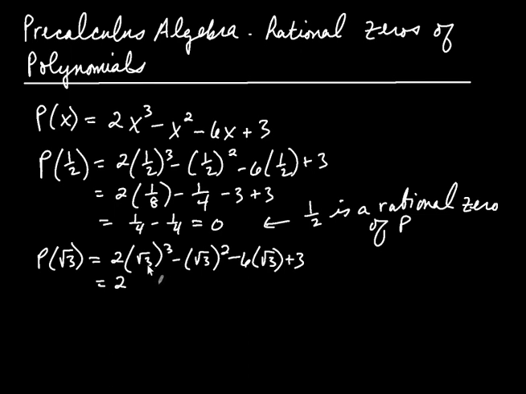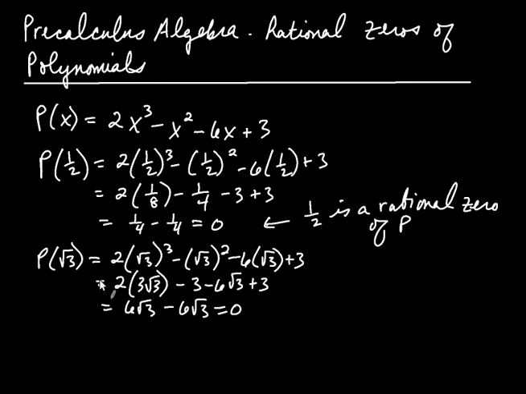Root 3 times root 3 is 3, and then times another root 3 brings you to 3 root 3. You want to check that yourself. Then minus root 3 squared is 3, minus 6 root 3 plus 3, and that gives us 6 root 3, and then the negative 3 and the positive 3 cancel, but then we still have minus 6 root 3, and that's equal to 0 as well.